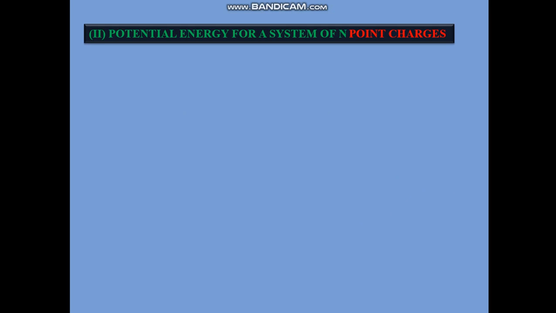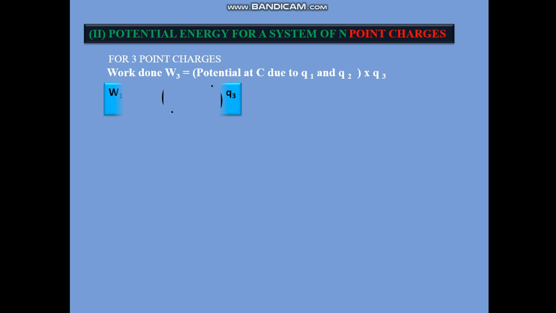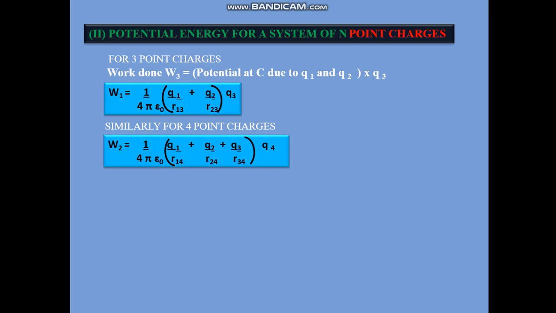Now let us see the potential energy for a system of n-point charges. For 3-point charges, work done W3 is equal to the potential at C due to q1 and q2 into q3. W3 is equal to 1 upon 4 pi epsilon naught, q1 upon r13 plus q2 upon r23, into q3. Similarly, for 4-point charges, W4 is equal to 1 upon 4 pi epsilon naught, q1 upon r14 plus q2 upon r24 plus q3 upon r34, into q4.